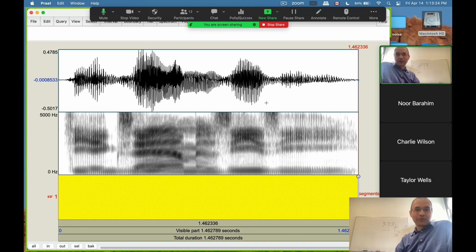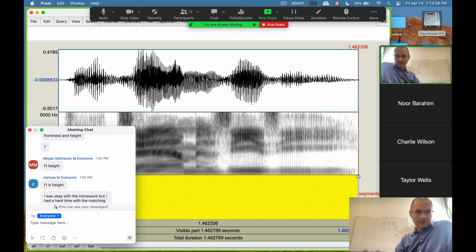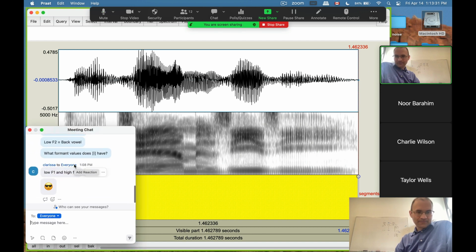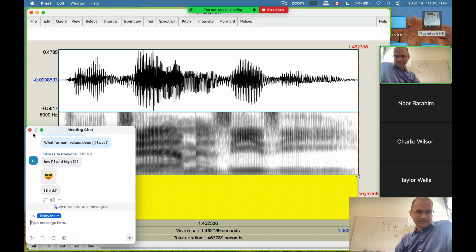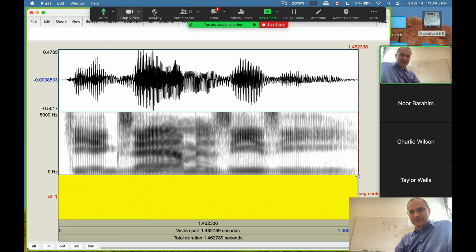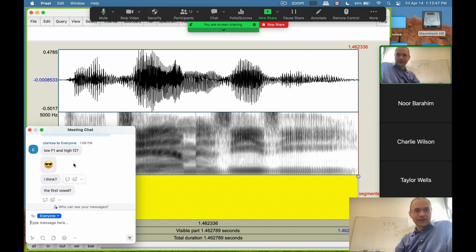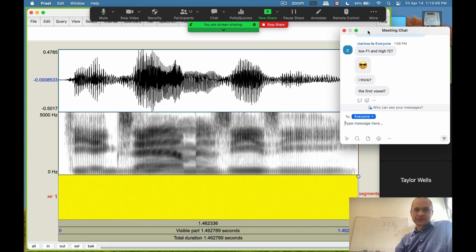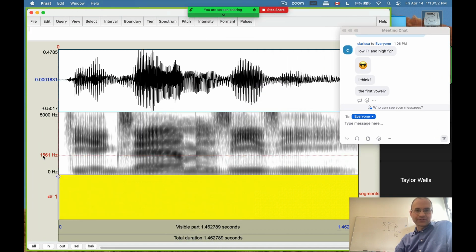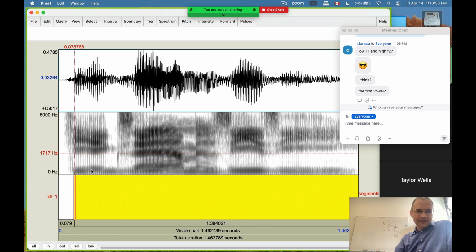And we just said we might expect low F1 and high F2 for an E. Yeah, so often when you're reading spectrograms, it's hard to get the whole thing right off the bat. But if you start by identifying individual vowels, that's one way to do it. Yeah, so you're correct. This first vowel is an E.